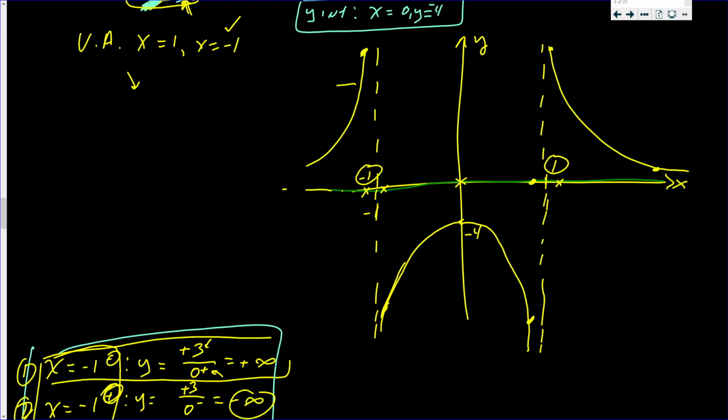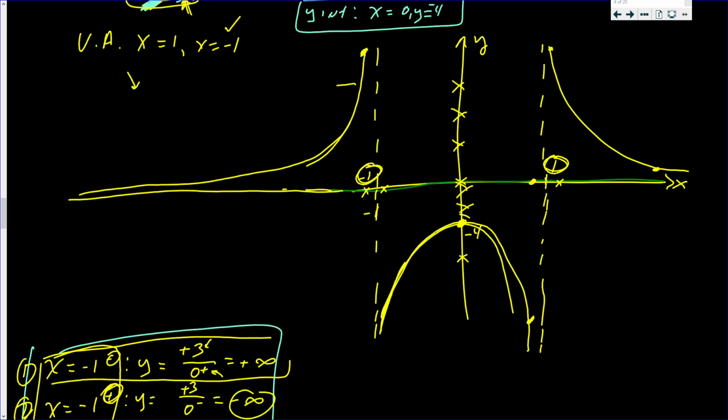So when x is very, very large, I get closer and closer to my horizontal asymptote. There's the graph. Again, because negative 1 and 1, the midpoint was 0, I knew that the highest point is going to be on this line. And coincidentally, it was where x was 0 and I knew y was negative 4.